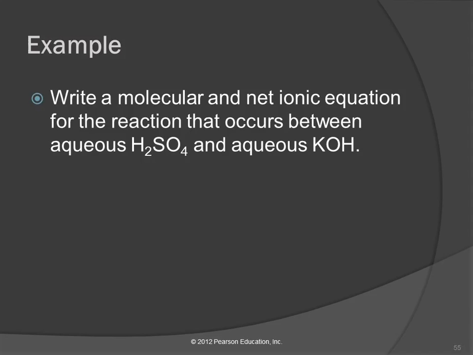So let's write a molecular equation and a net ionic equation for the reaction between aqueous sulfuric acid and aqueous potassium hydroxide. So our reactants here: H2SO4, that's aqueous, and potassium hydroxide.